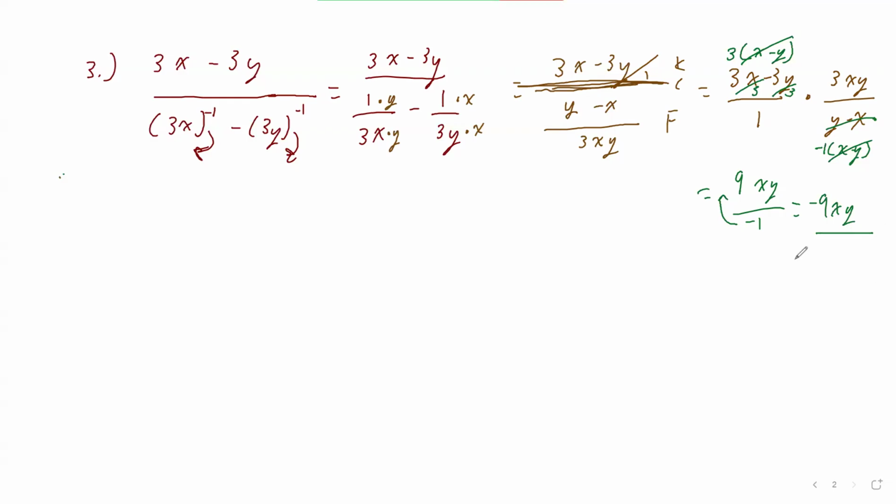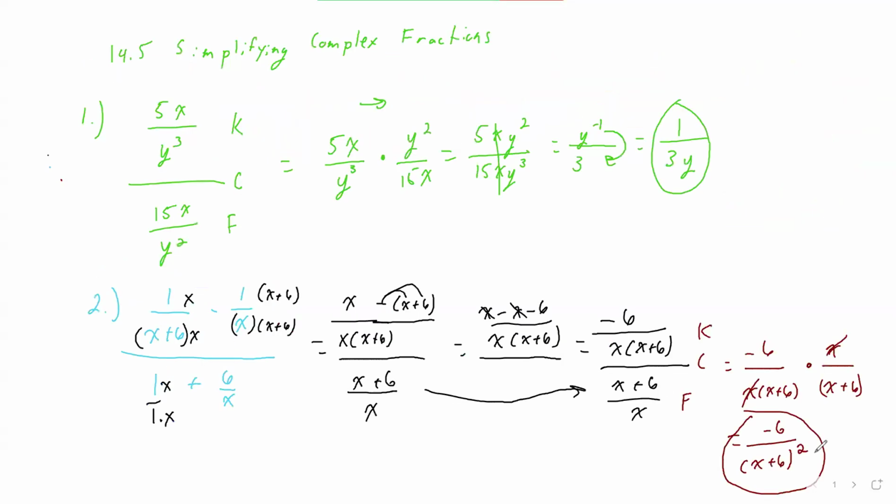All right, okay. So let's look at another one. In this one, we're going to simplify 1 over x plus 6 minus 1 over x divided by 1 plus 6 over x. Did we do this one already?